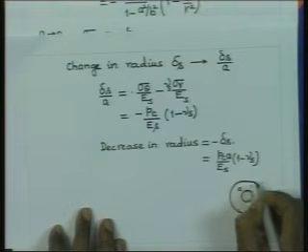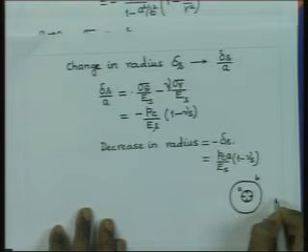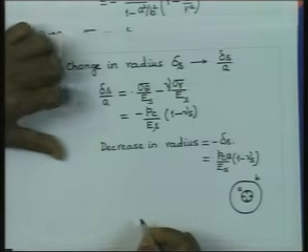The hub is of inner radius A and outer radius B, and it is going to have an increase in the inner radius.